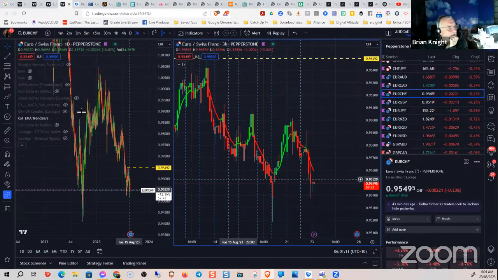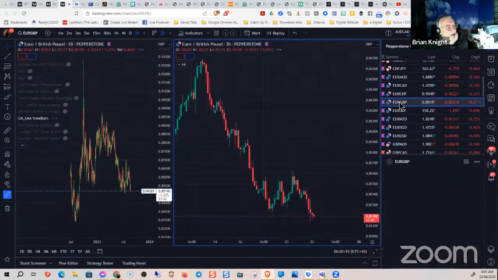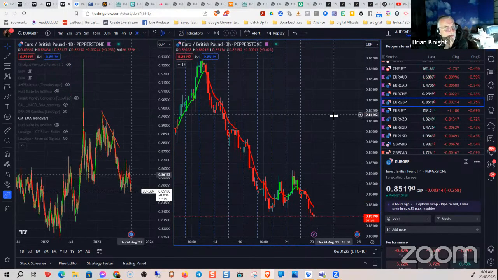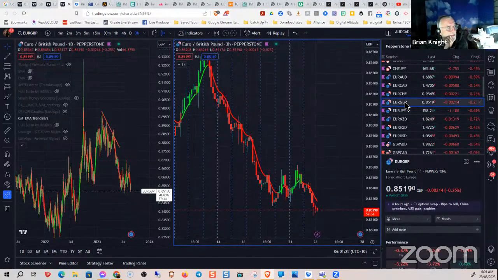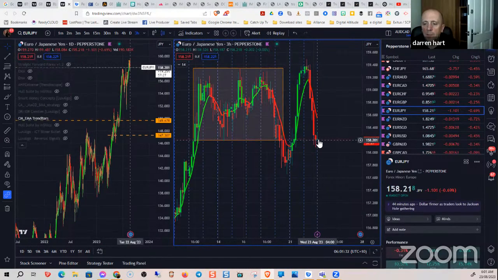But this is different. I don't normally trade Euro CHF because it's too close. Euro GBP, again, this would have been good to continue that sell. The euro weakened off against the British pound, stronger. And Euro JPY, see how that's also done that pullback down?